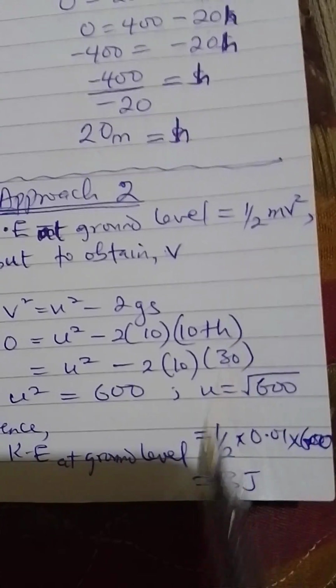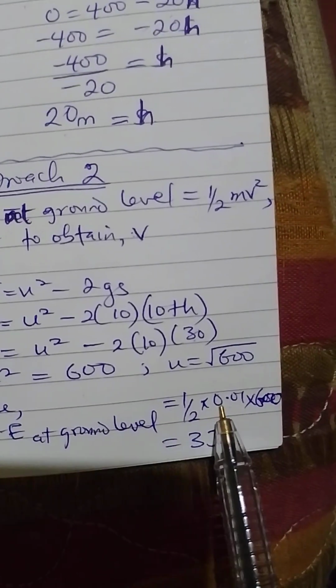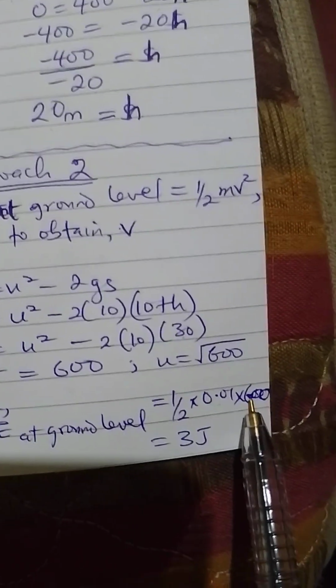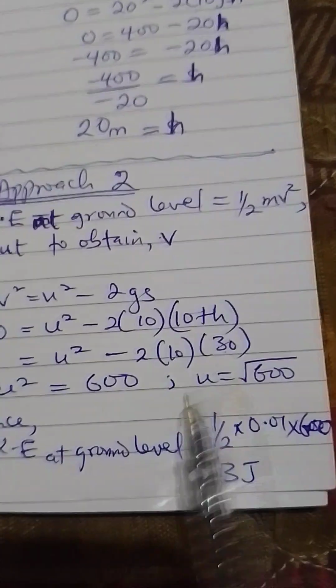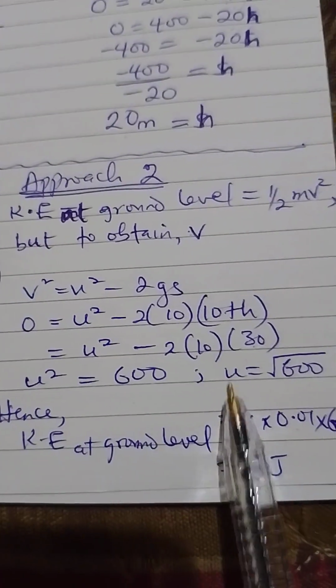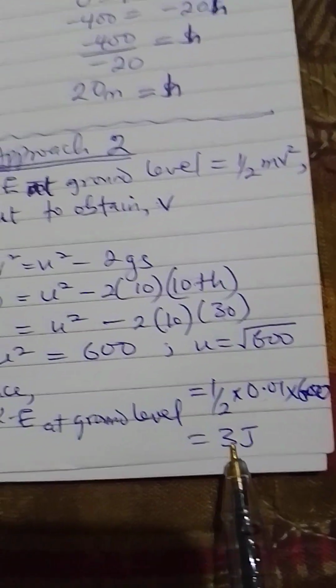Put that in: you have half the mass of the object times the square of its velocity at this ground level. So u is root 600, that's what we just got. Slot that in, and you get the same 3 joules. So the kinetic energy at ground level is 3 joules.